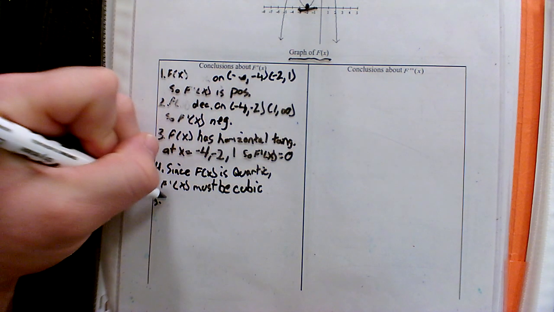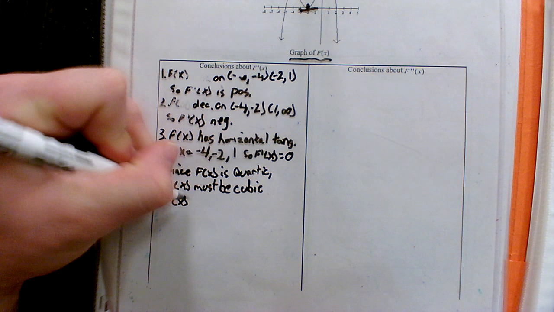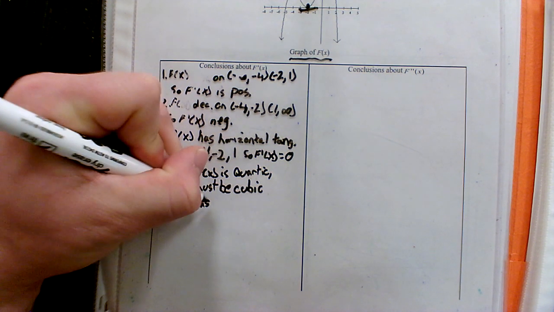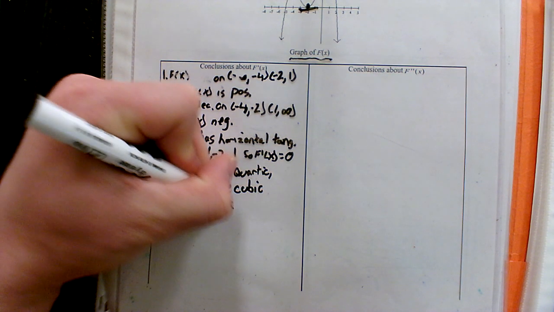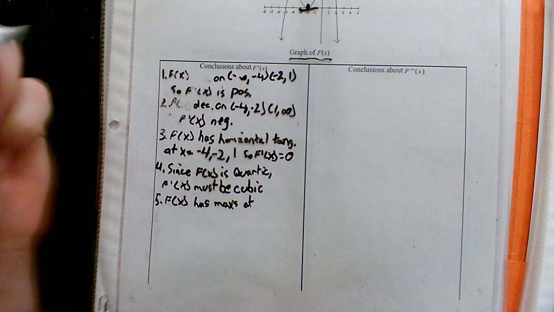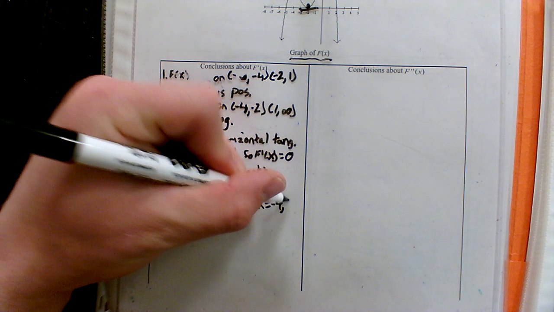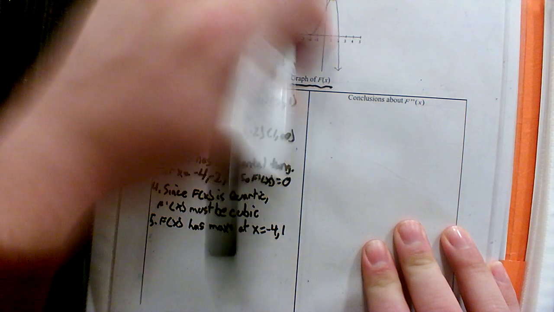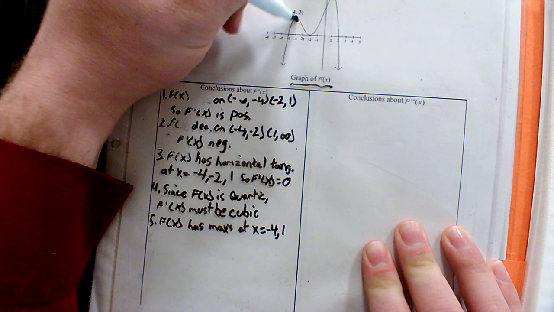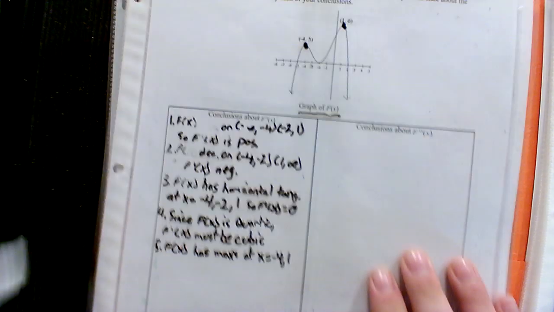Okay. Next one. F of x has maxes at x equals negative 4 and 1. So a max here and a max here.